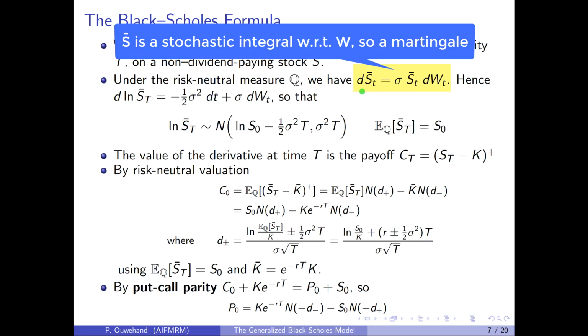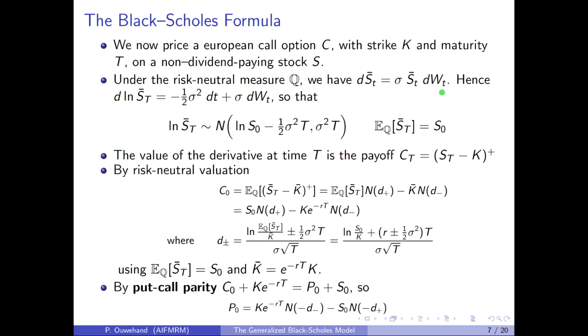It follows that S bar is a martingale, as it ought to be under the risk neutral measure. Applying Ito's formula to the logarithm of the discounted stock price, we obtain the following.